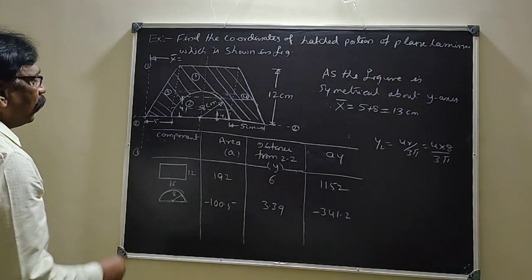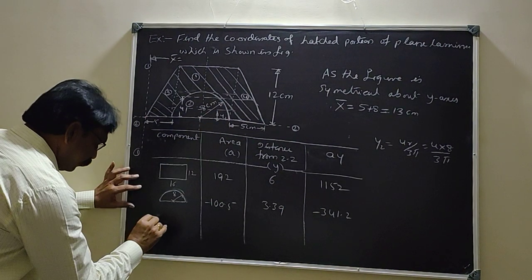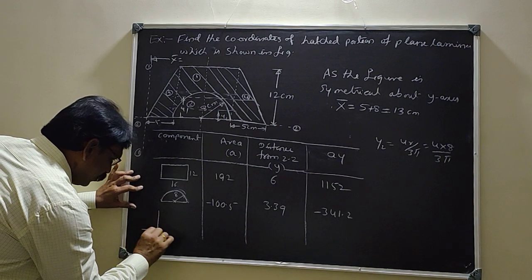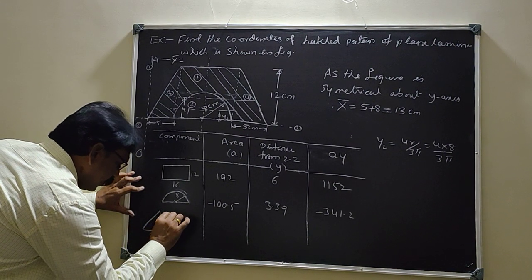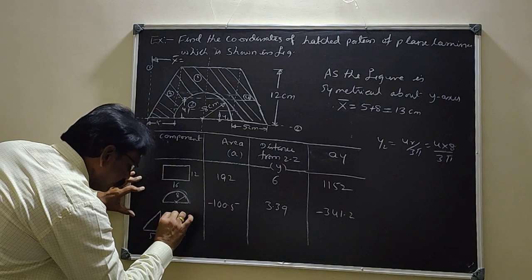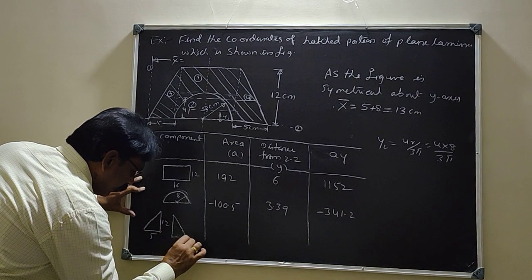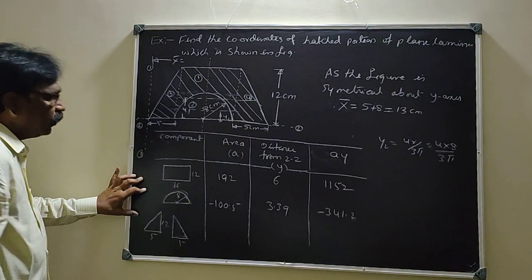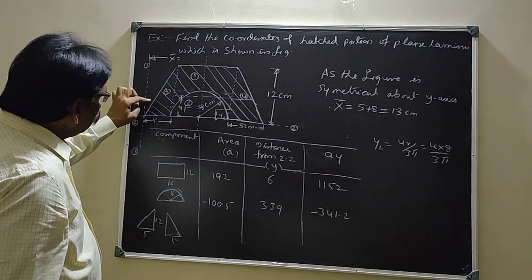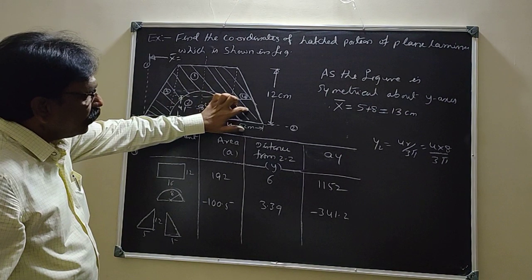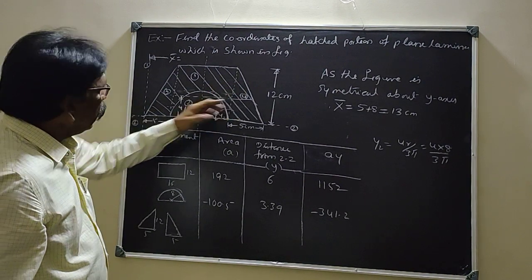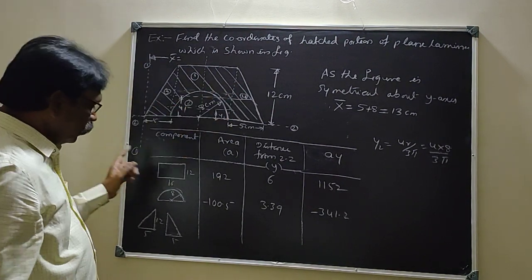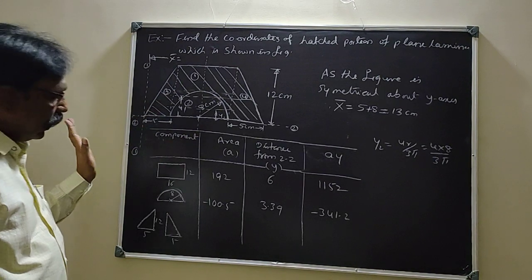Then comes the two triangles. That means this is one triangle, 5 by 12, and another triangle, 5 by 12. The area of this one will be equal to the area of the other, and the centroidal distance of this one and this one will be the same, and therefore the moment is also the same. So if you double it, it will be clear.